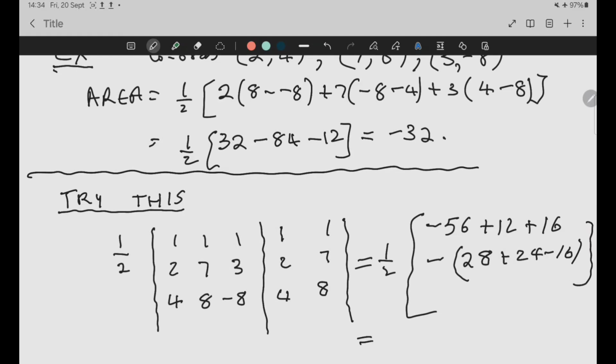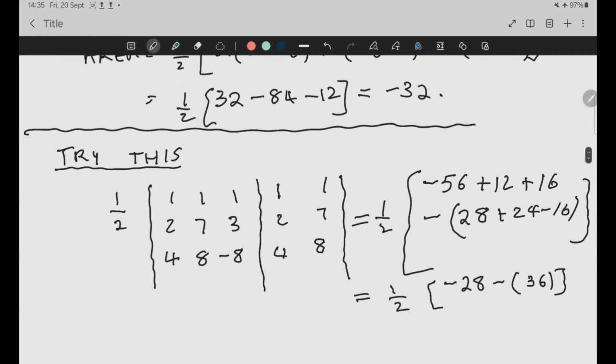So, that will be 1/2. And the ones outside the bracket will come to minus 28. That's 16 plus 12 minus 56. That's minus 28. And then the bits inside the bracket, that'll come to 52, 60, 36.